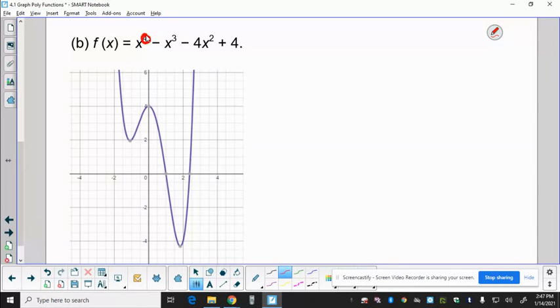So now I want to write the end behavior. Well, let's do it this way this time. Let's see if this helps you out. All right, so first thing we're going to do, let's move that particle to the right, and let's see what happens to the y coordinates. Okay, here we go.